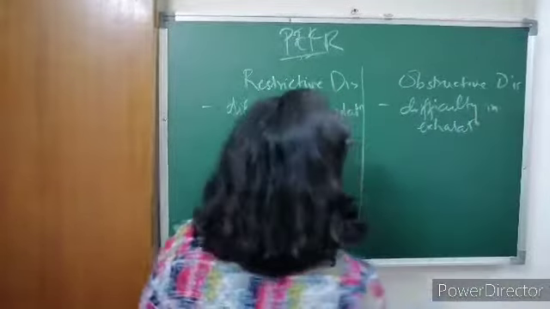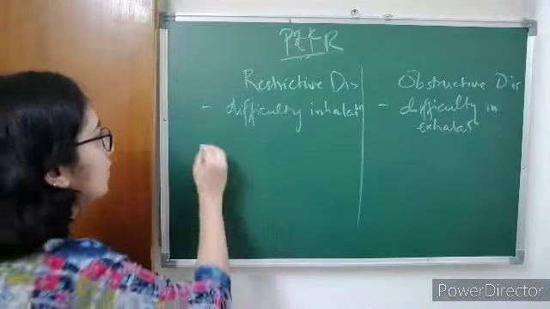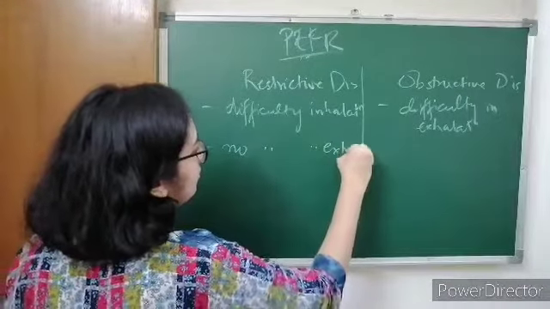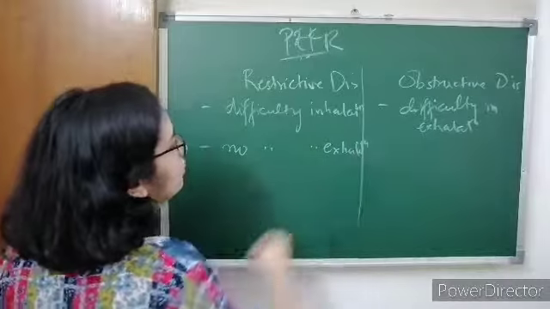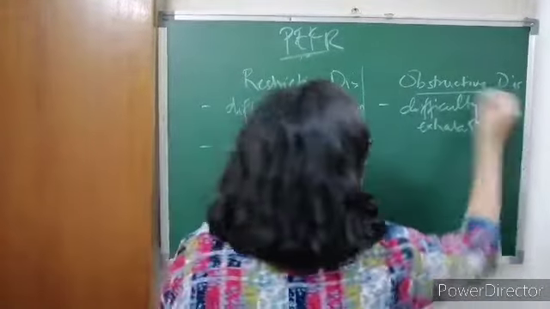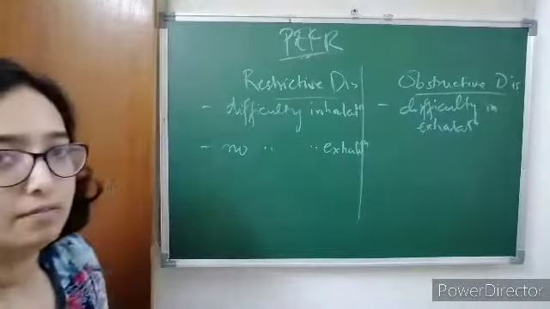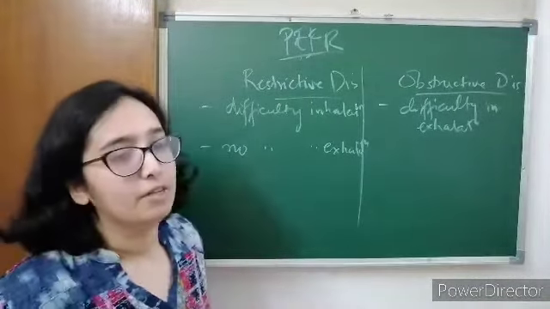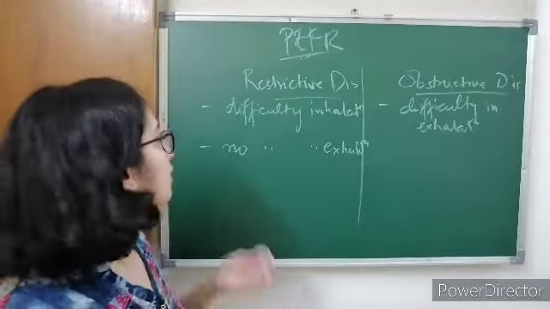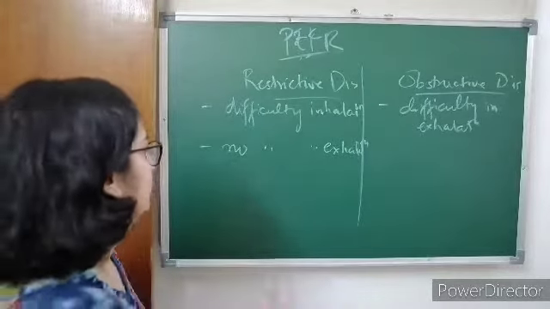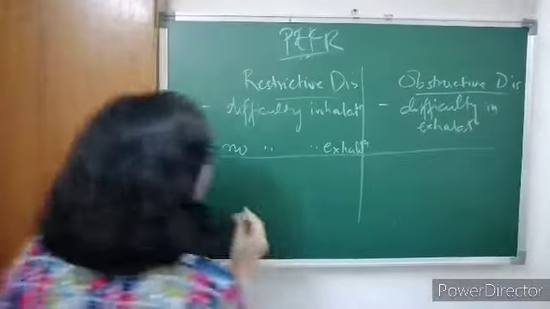There is no such difficulty seen in exhalation in restrictive disease; only in inhalation there is difficulty. So the main difference is that in restrictive disease there is difficulty in breathing in, while in obstructive there is difficulty in breathing out. Now, what are the causes?